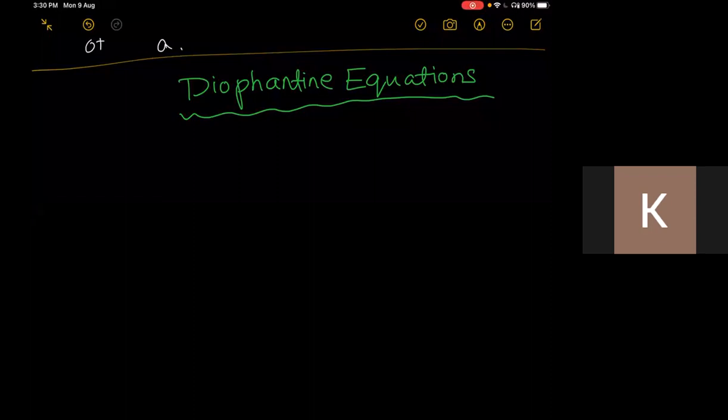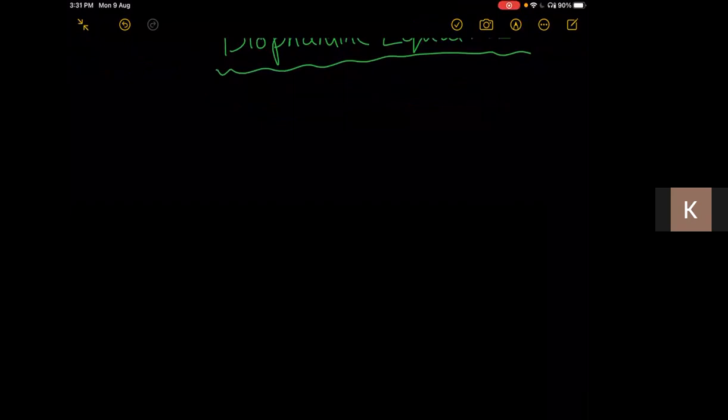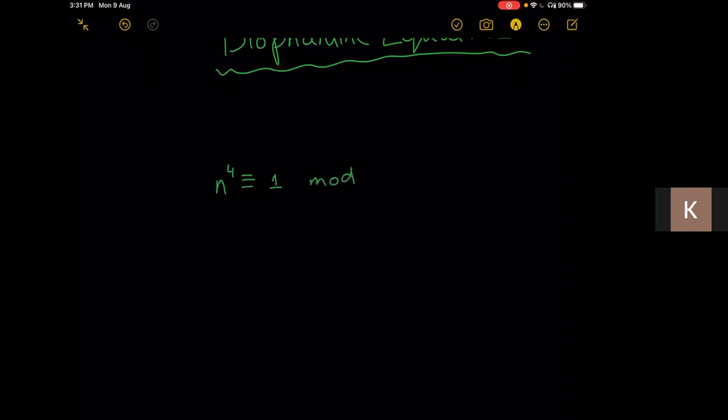So first, all of you remember the example we did last time, na? We took some mod 6 and we found that there is no solution for that. A mod 16: n to the power 4 is always congruent to 1 mod 16 if n is odd, and 0 mod 16 if n is even.